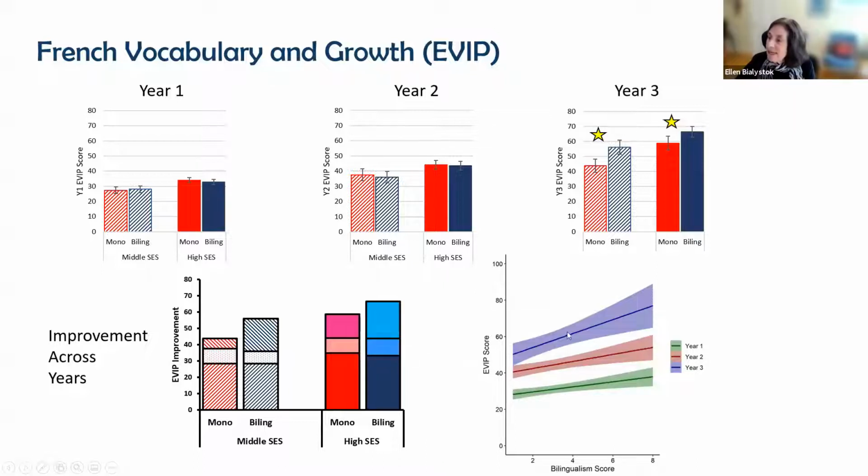And what you can see is all 3 lines have a positive slope, showing the more bilingual they are, the more French they're learning. And that slope is even significant in the 1st year when there are really no other visible differences if you just look at the groups. Being more bilingual is associated with better progress in learning this new language right from the beginning.